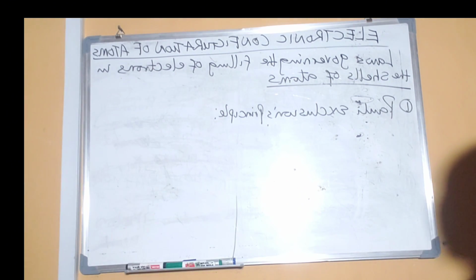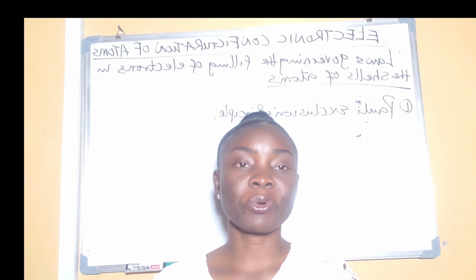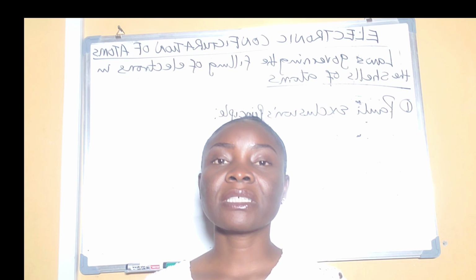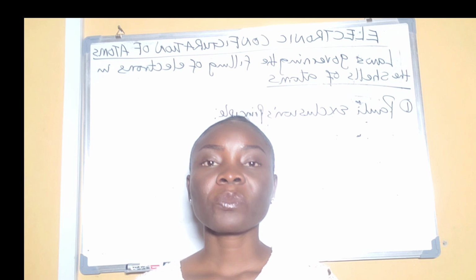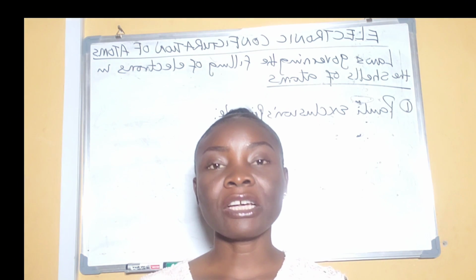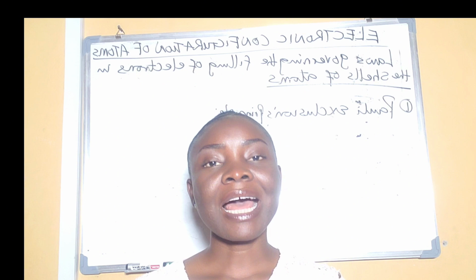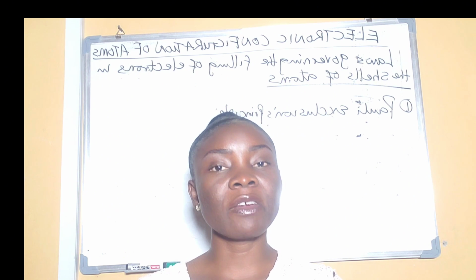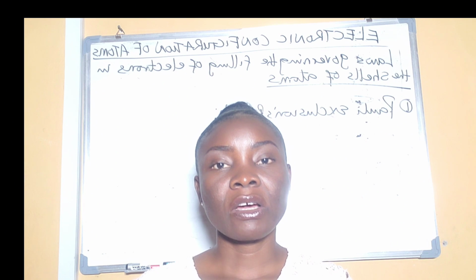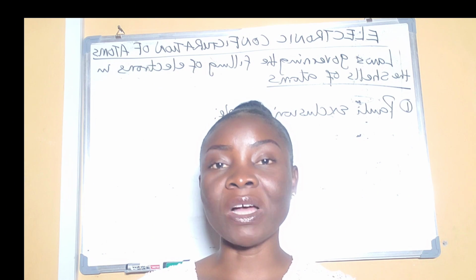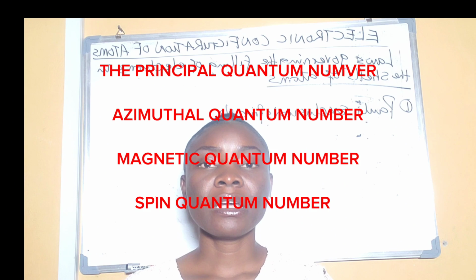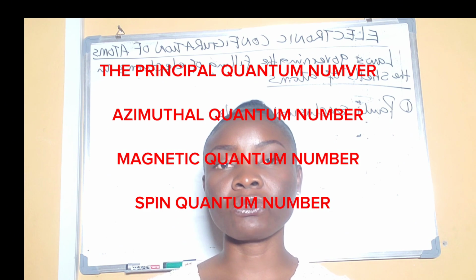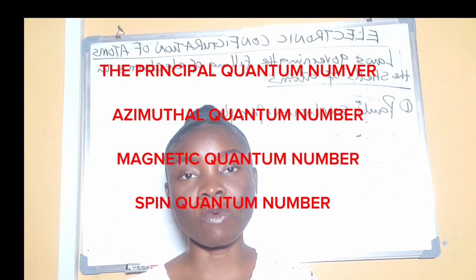All right, so the first law is the Pauli exclusion principle. This law states that no two electrons in an atom can behave in the same way for all four quantum numbers. Just to mention, we have four quantum numbers: the principal quantum number, azimuthal quantum number, spin, and magnetic quantum number.